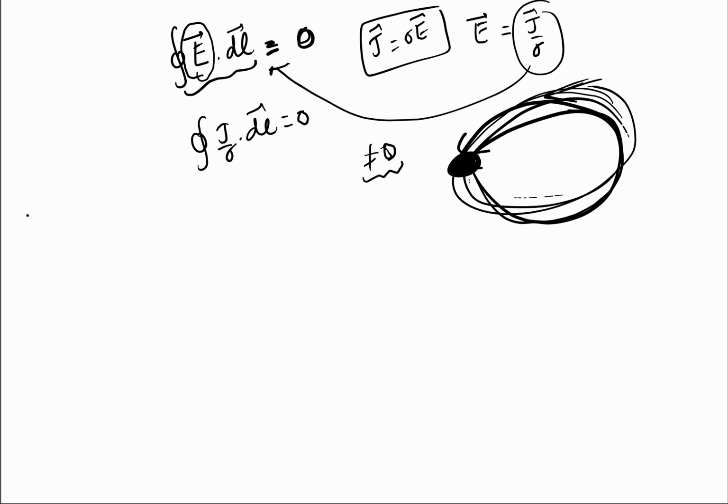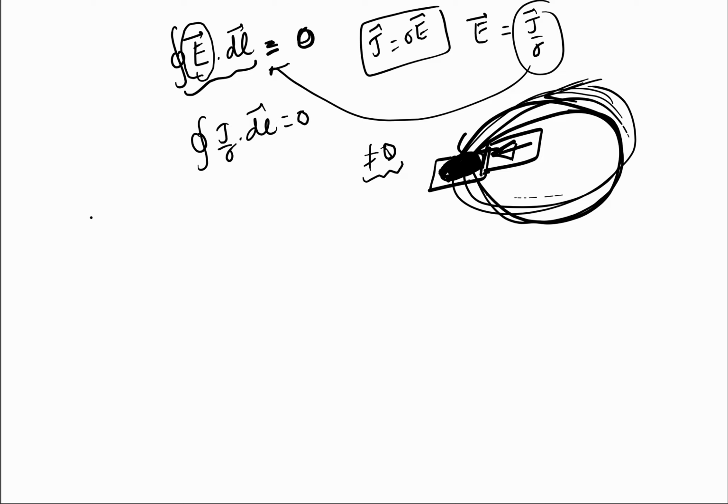However, we know that in a conductor there is production of heat because of Joule heating. Because of that Joule heating, there will be loss of energy by the charge carriers, and that energy should be provided by some other kind of source, which should be non-conservative in nature, because it should depend on the path taken. Otherwise, there should not have been any loss or gain of energy by the charge carriers.